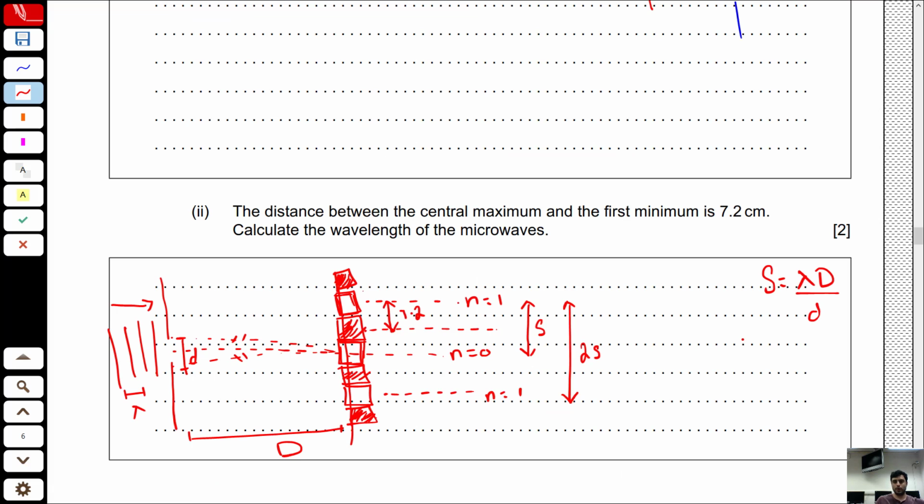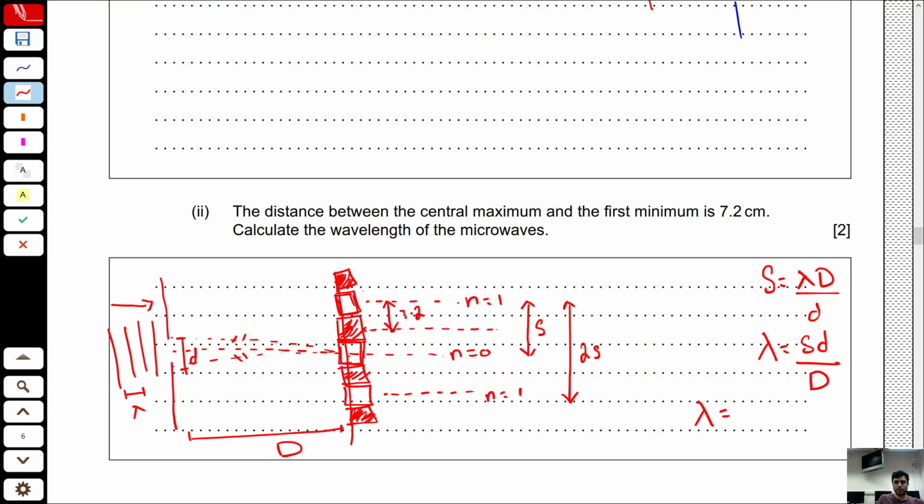Okay. So calculate the wavelength of the microwave. We need to make wavelength the subject. So wavelength is going to be small d goes up there, and capital D goes down there. So lambda equals s times d over D. Where is s? s is half the width between central maxima. But we are given the distance between the central maxima and the first minimum, which is 7.2.